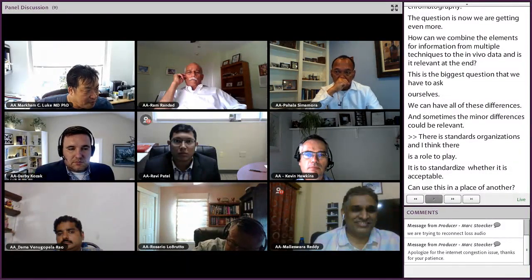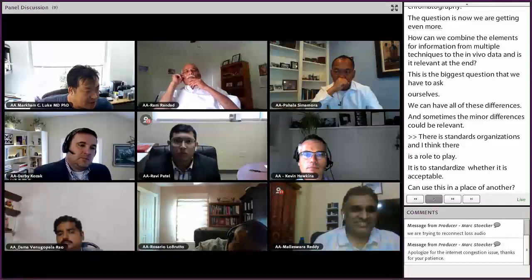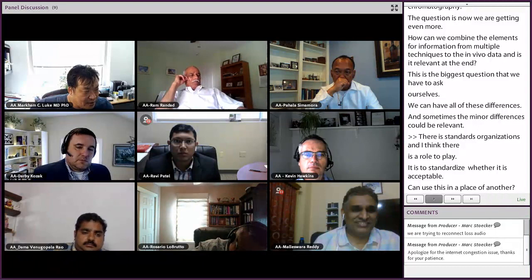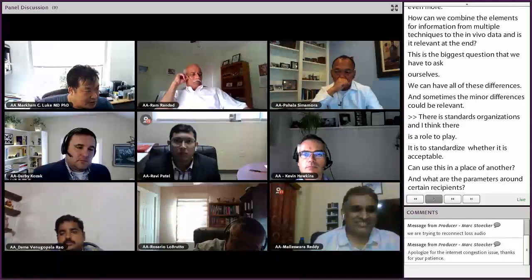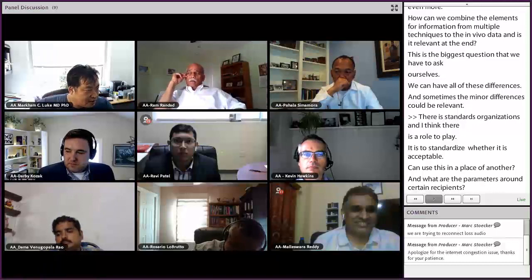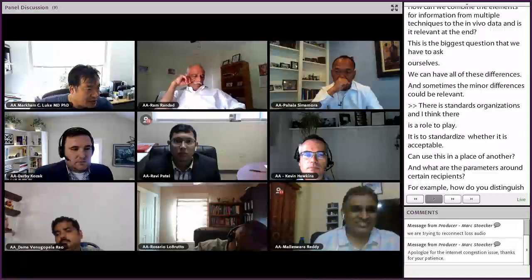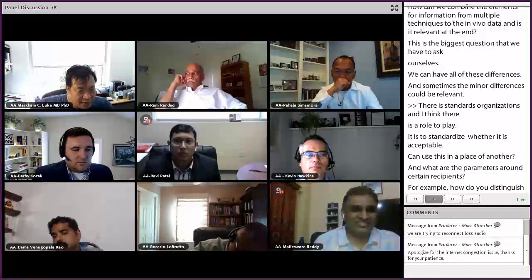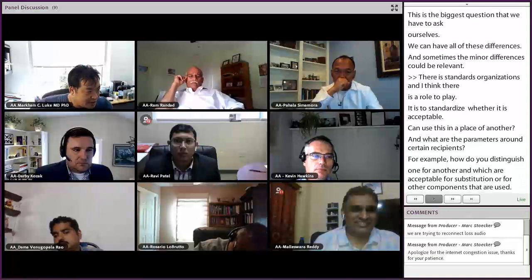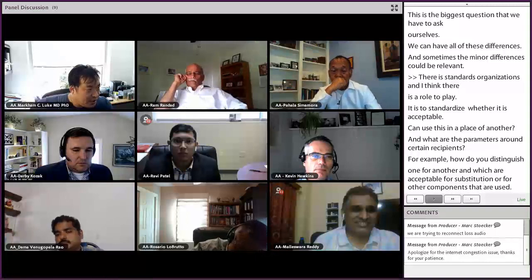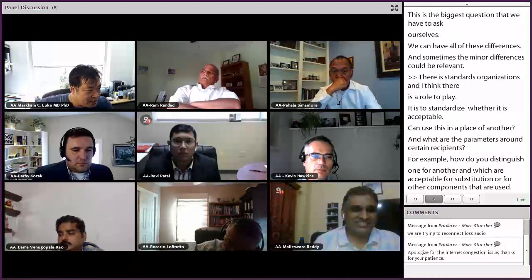For example, white petrolatum: how do you distinguish one white petrolatum from another, and which are acceptable for substitution? Or other components, even water, for example. These are all things that USP and other standards organizations can help devise, like, this is what a clean spectrum looks like when you use this analytical tool to look at this excipient, and if you use another excipient that has the same parameters, then that's acceptable for use.